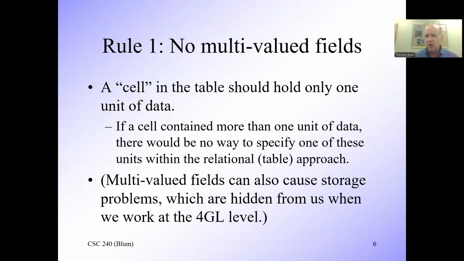There shouldn't be multiple values in that cell. I don't want to have to break it up in any way. I don't want to have to parse that thing. When I do all that identifying of table, column, row, it should be that individual thing, and I shouldn't have to do any work to break it apart after that.